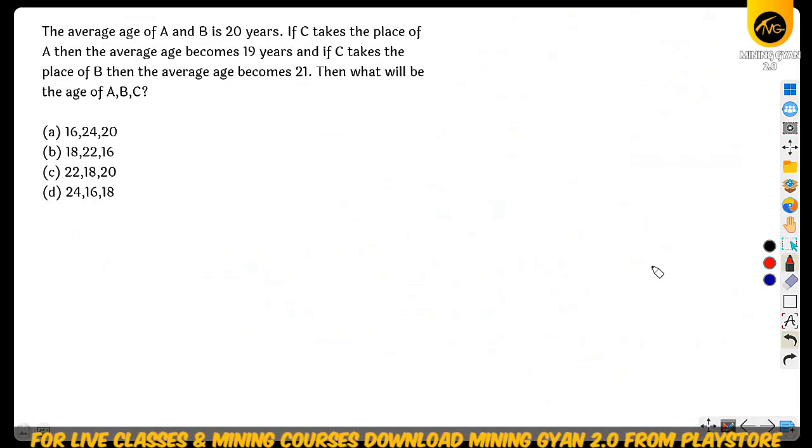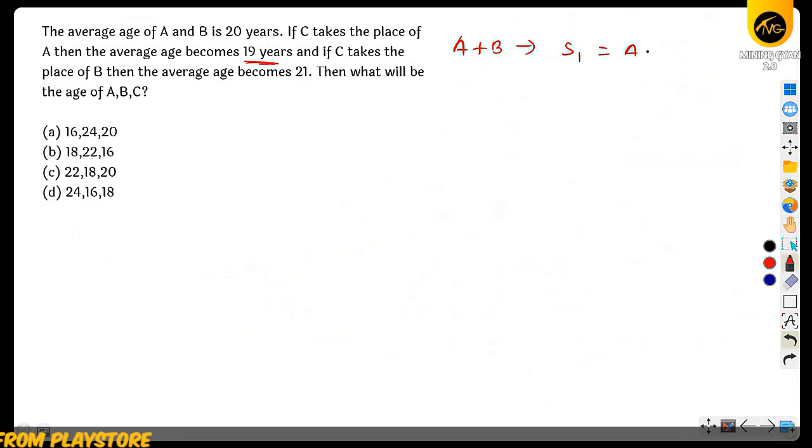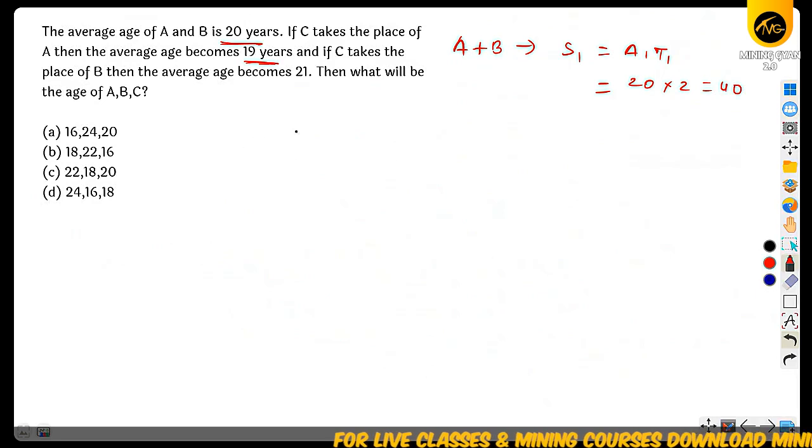Now the next one: the average age of A and B is 20 years. If C takes the place of A, then the average age becomes 19 years. Okay, there is a twist, it's a replacement kind of question. The average of A and B is 20, so A plus B, H1 is equal to A1 into T1, that is 20 into 2, which is 40.